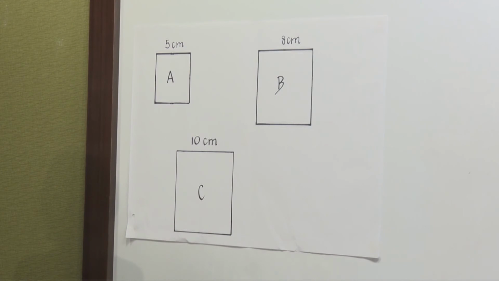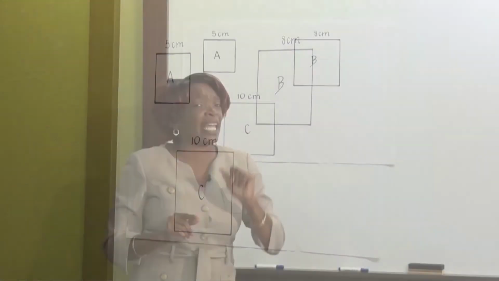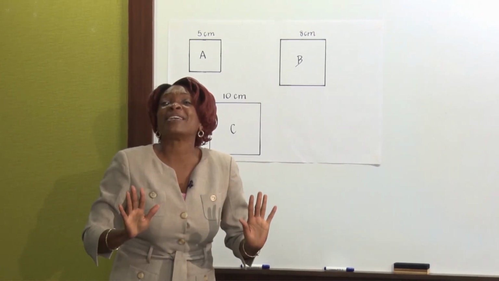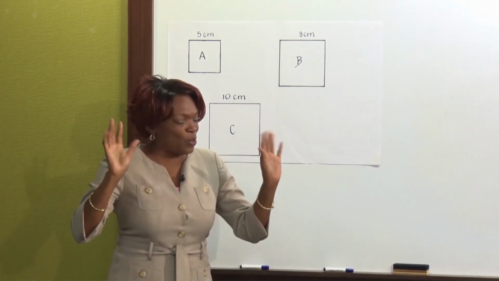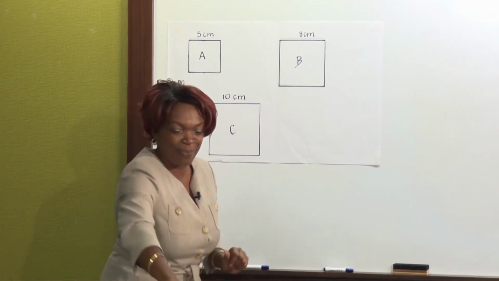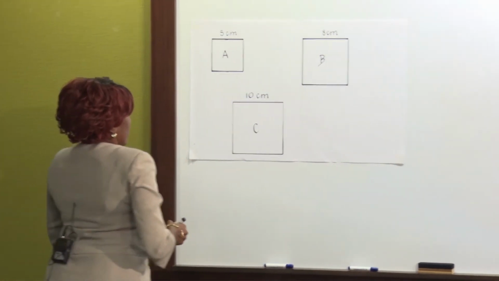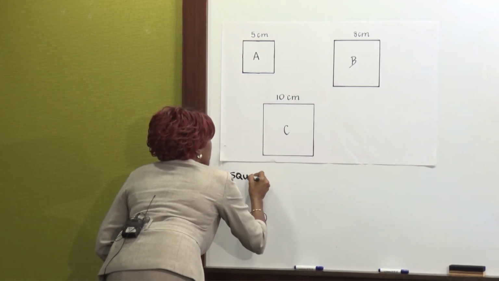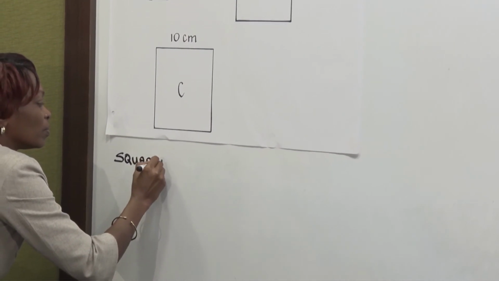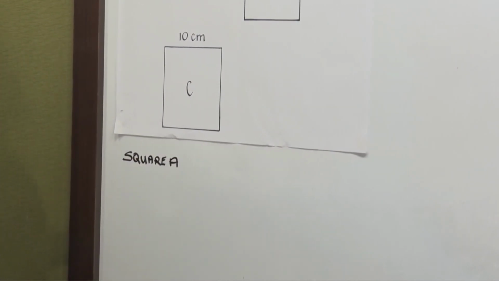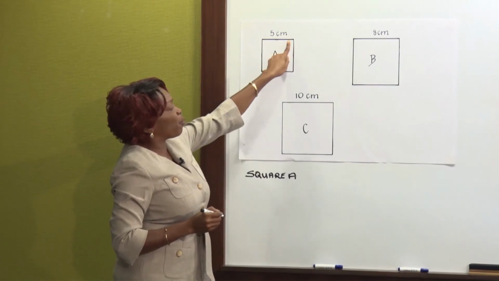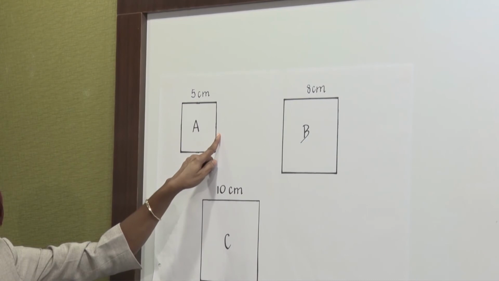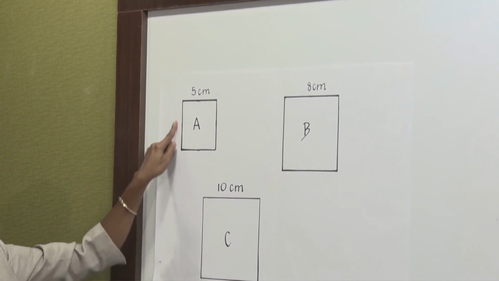I think so. I know that by the time I go on this board, some of you would have already worked out the perimeters of all 3 squares. No problem. I'm going on the board now. Square A. If the length of one side is 5 centimeters, then we can say 5 centimeters here, 5 centimeters here, and 5 centimeters here.